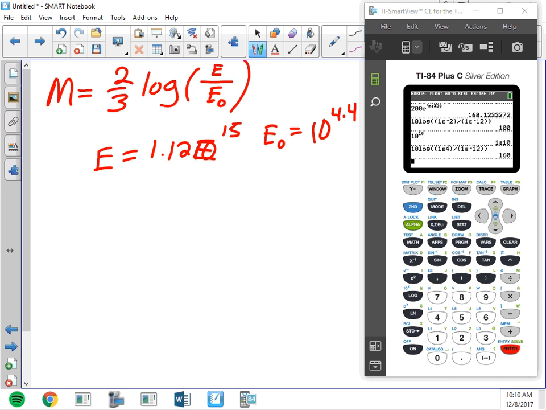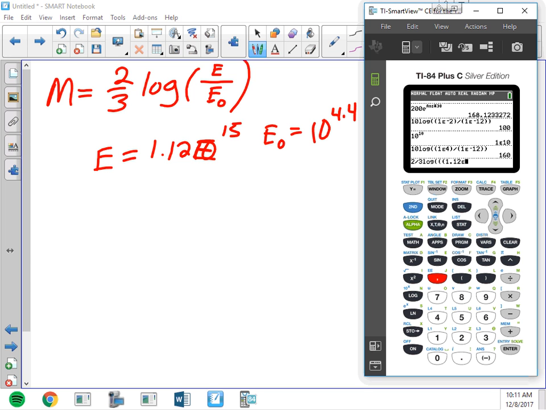That's massive. So we would type in 2/3 log of, and you need two sets of parentheses here because you have to do 1.12 e to the 15th.